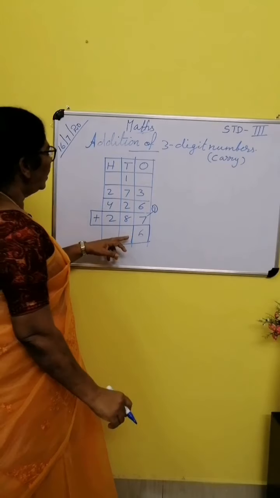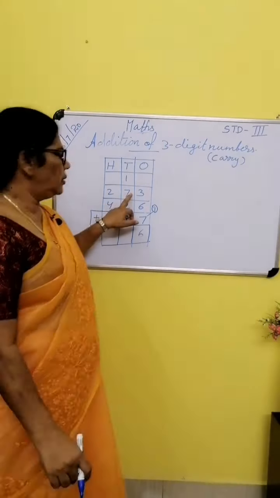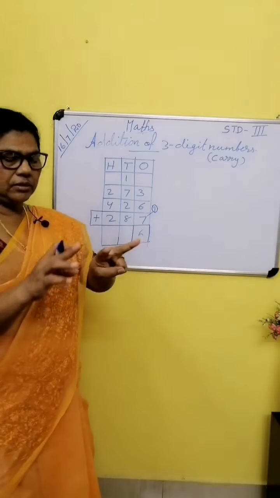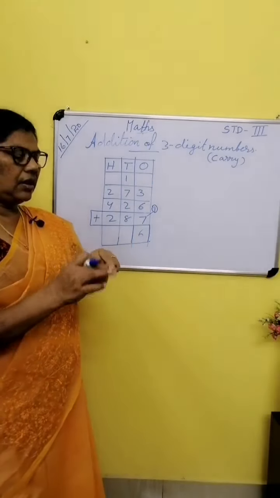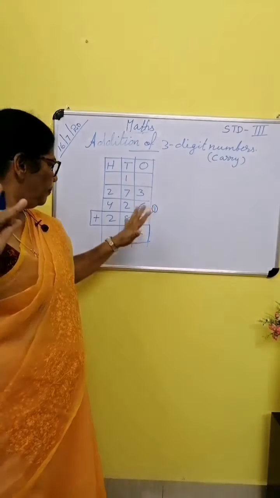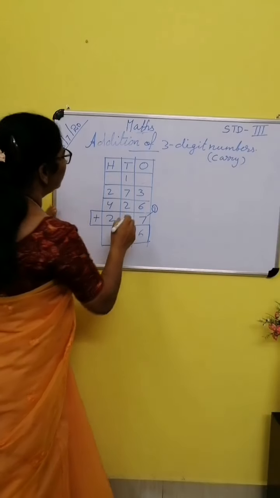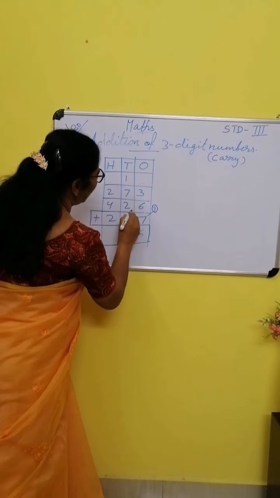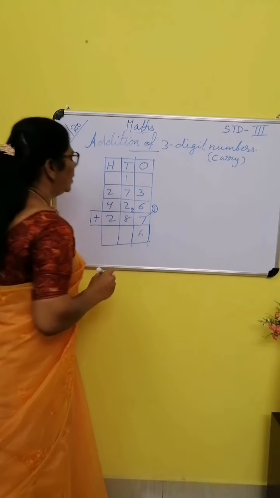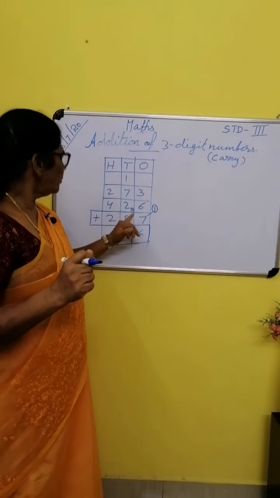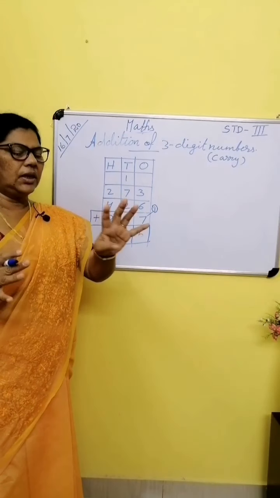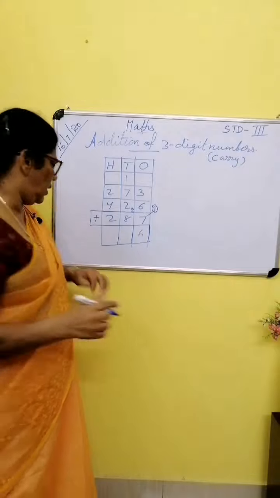Then 7 in the mind, 2 in the hand. 7, after 8, 9. Next 8. You can write like this, 9, and put it in a small circle. 9, after 10, 11, 12, 13, 14, 15, 16, 17.